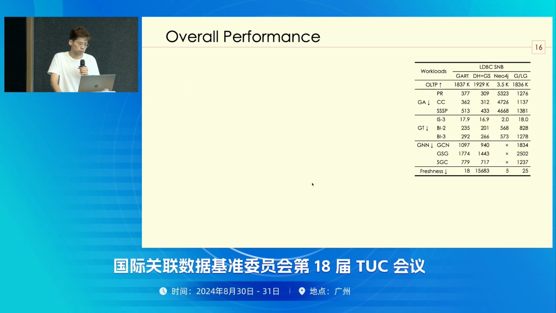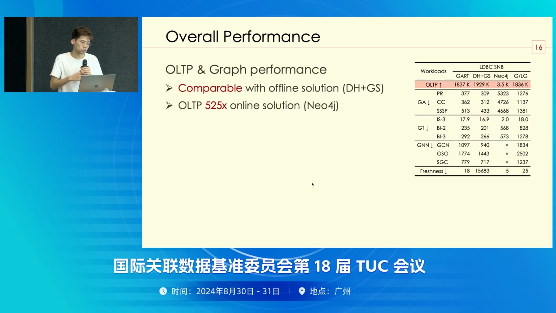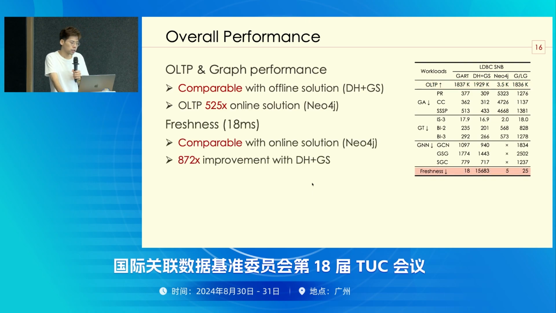The results show that we have comparable OLTP and graph performance to the offline solution. The OLTP performance is much higher than online solutions like Neo4j, and the freshness is at the millisecond level, comparable with the online solutions.